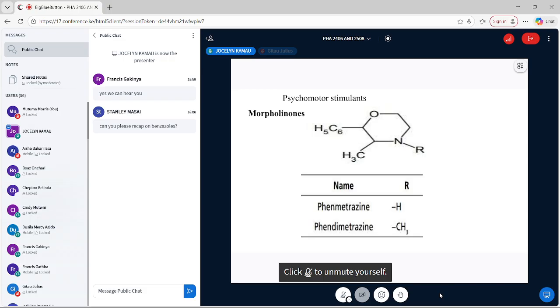Kuna swali, tulianza saa ngapi? We should be having, most probably, I'm hoping it's the last lecture. Are you strong? We continue kidogo, mumeweza. Let me note that.